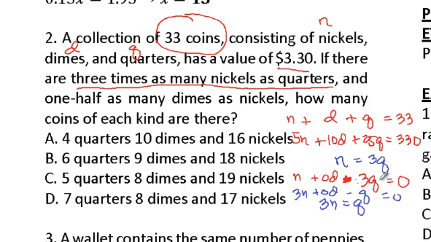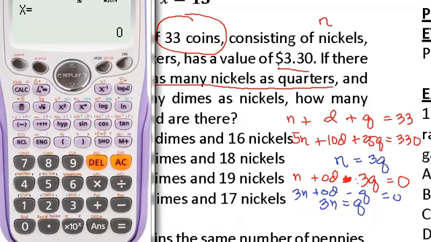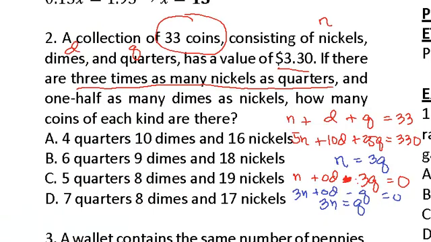So if we solve it the normal way, we end up with a nonsense answer, like 33 dimes. Yes, 33 dimes is 330 cents, but it doesn't follow that there is one half as many dimes as nickels, and since 3n is equal to q, most likely that isn't followed either. So how do we solve this one?